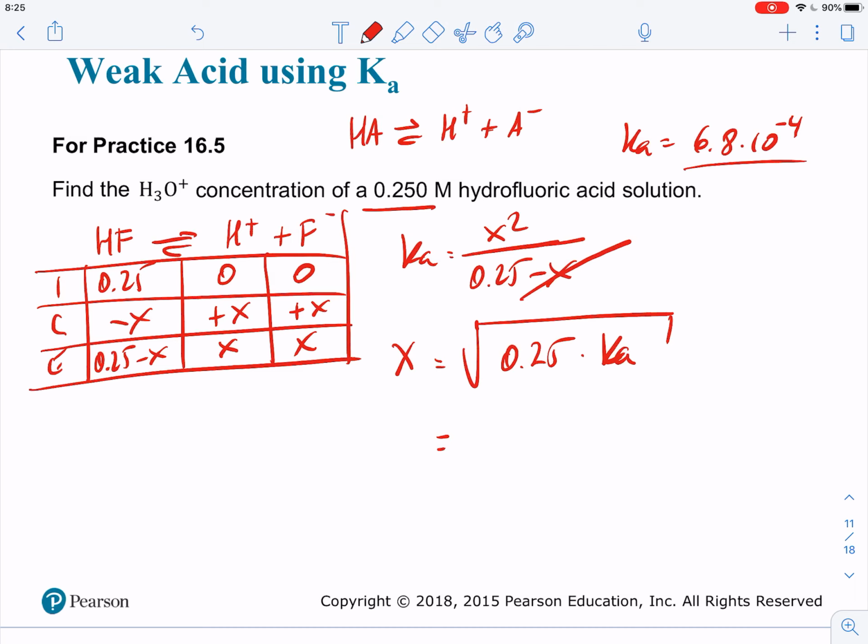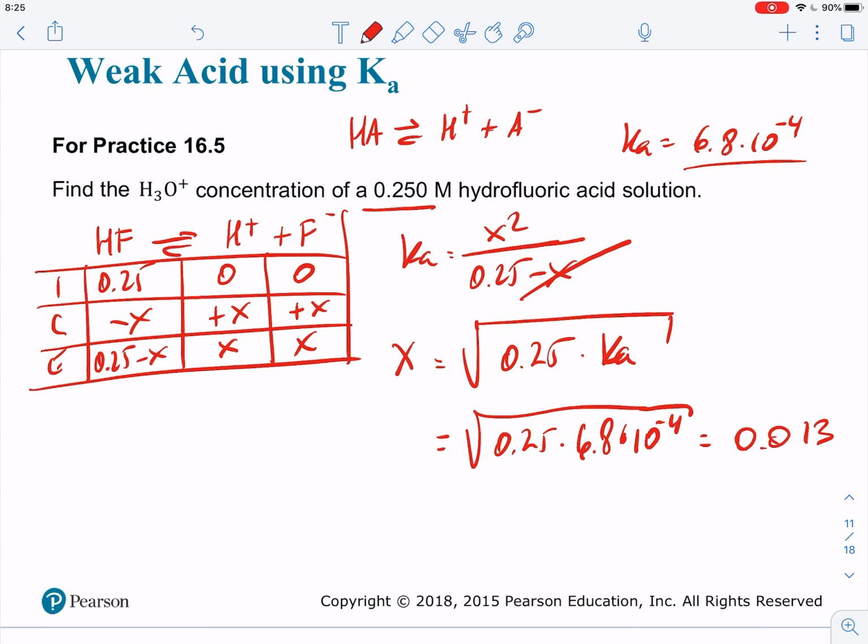This is equal to the square root of 0.25 times 6.8 times 10 to the negative 4, and this is equal to 0.013. You compare 0.013 to 0.25, and really you will end up with 0.24, okay, instead of 0.25.